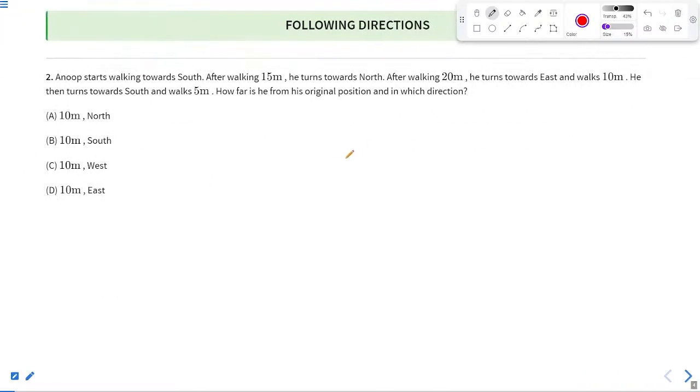Anup starts walking towards south. After 15 meters, he turns towards north. So 15 meters south, then north, 20 meters north.